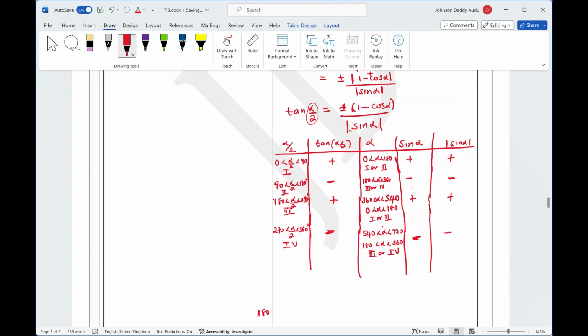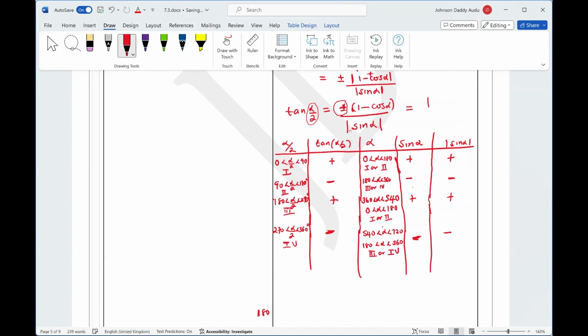So this now tells us that the sign actually depends on the sine of alpha over 2. Tan alpha over 2 is going to be the same as this absolute value. So we can remove the plus minus, which is not required, and also remove the absolute value.